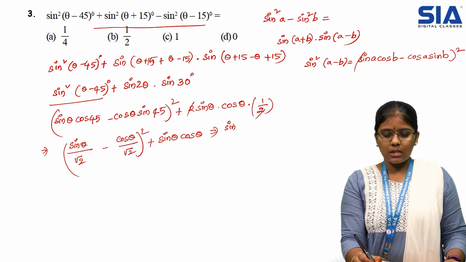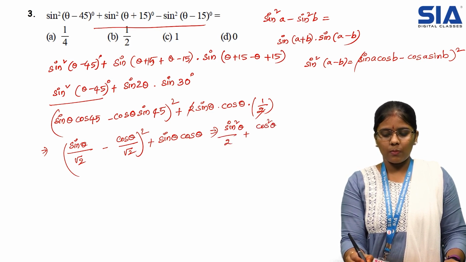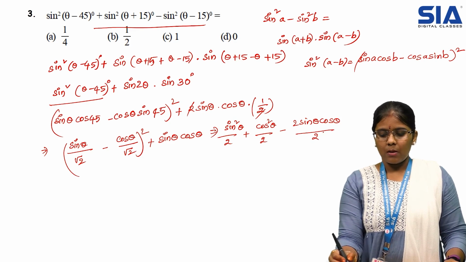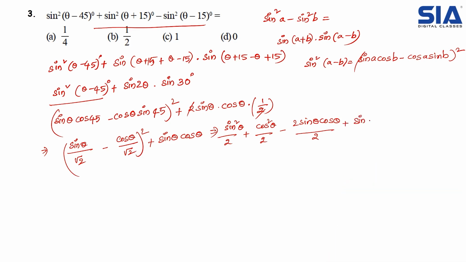So sin square theta by 2 plus cos square theta by 2 minus 2 sin theta cos theta by 2 plus sin theta cos theta. 2 will get cancelled. So minus sin theta cos theta plus sin theta cos theta will cancel. So we'll be remaining with sin square theta plus cos square theta by 2, which is equal to 1 by 2. So the correct option is B.